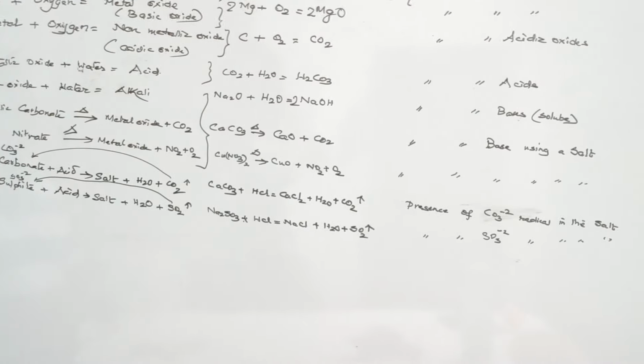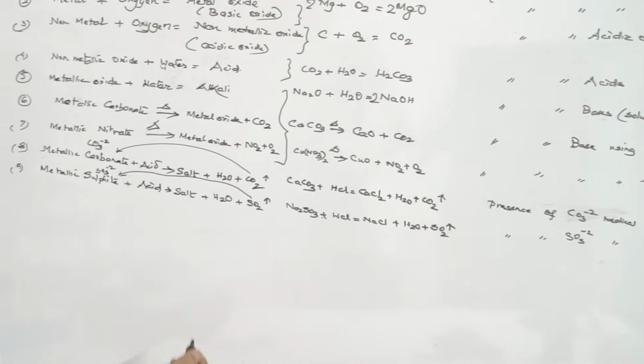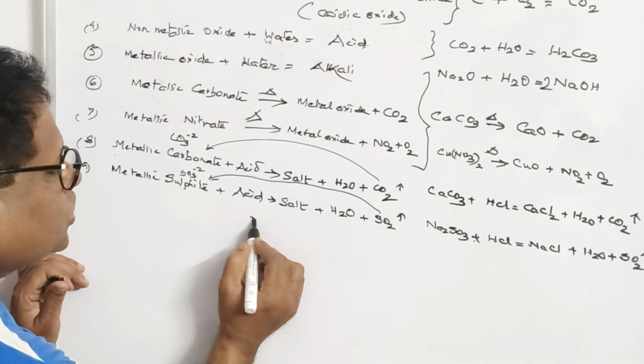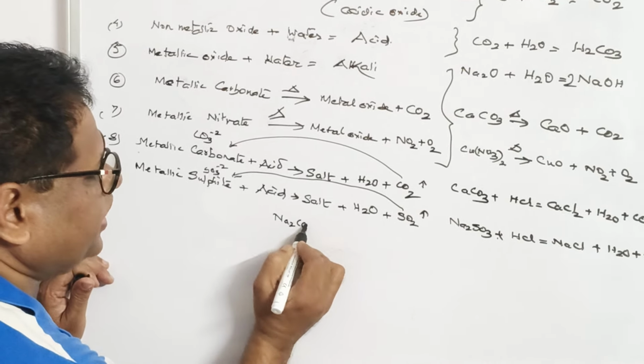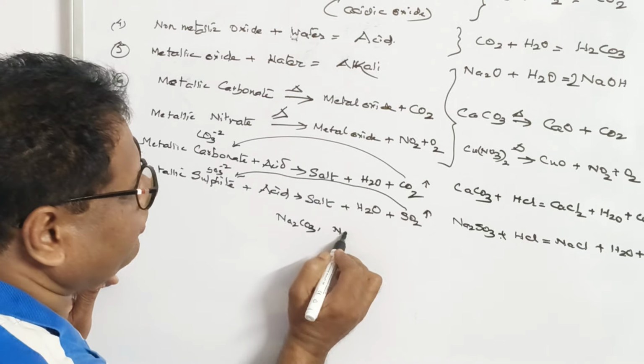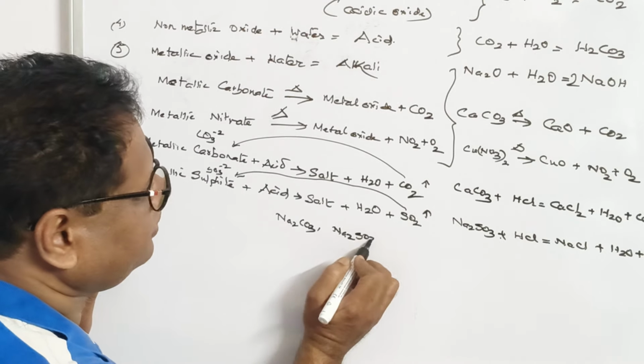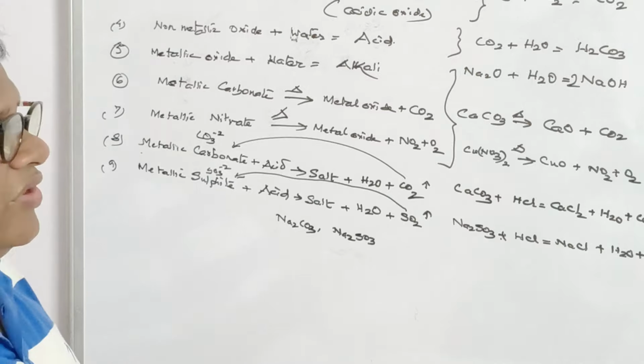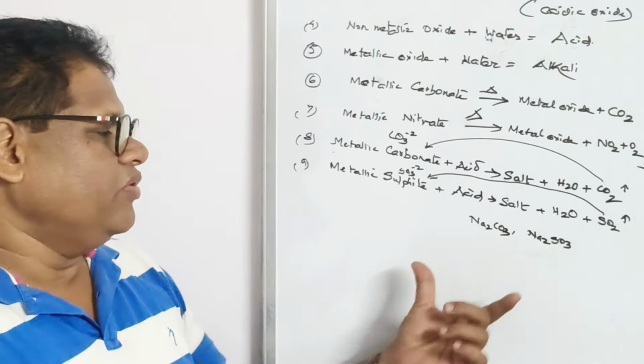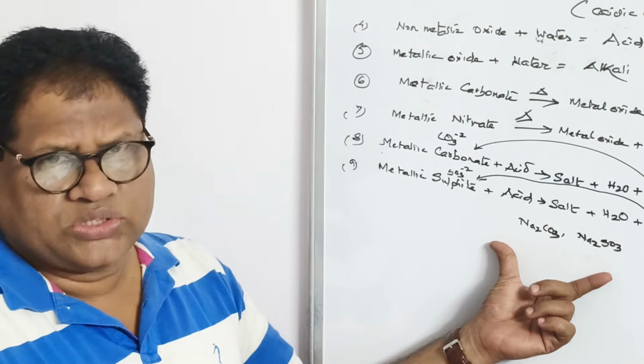What more thing? There are some questions which are asked. Differentiate between sodium carbonate and sodium sulfite, okay. So you don't get any difference in the textbook. You have to give a chemical test to differentiate between the two salts.